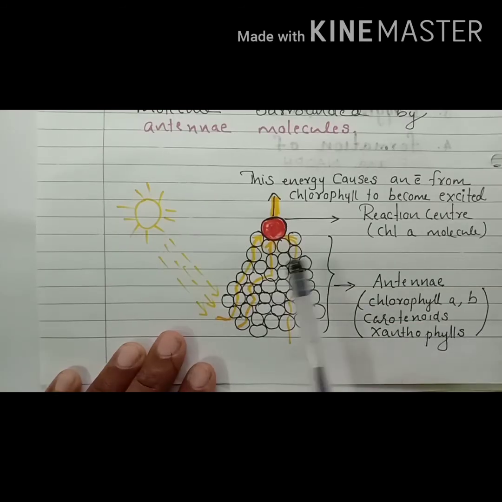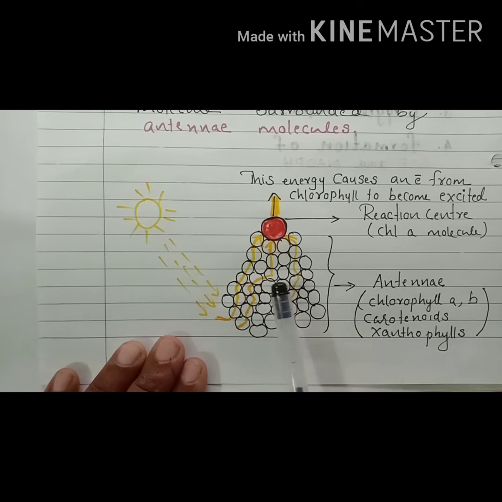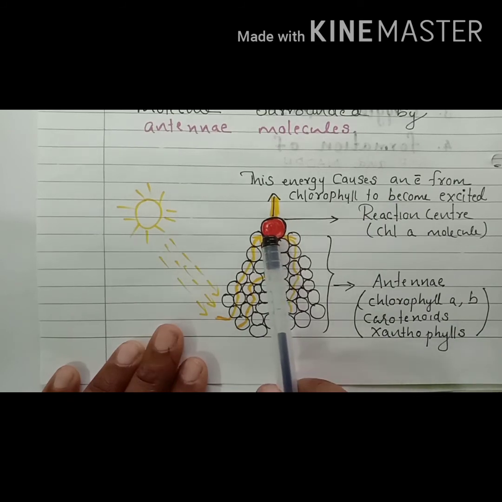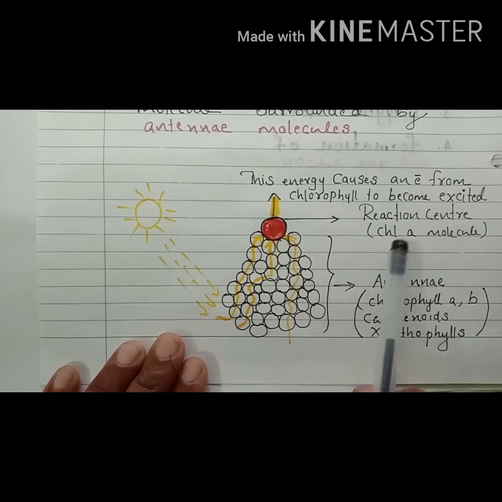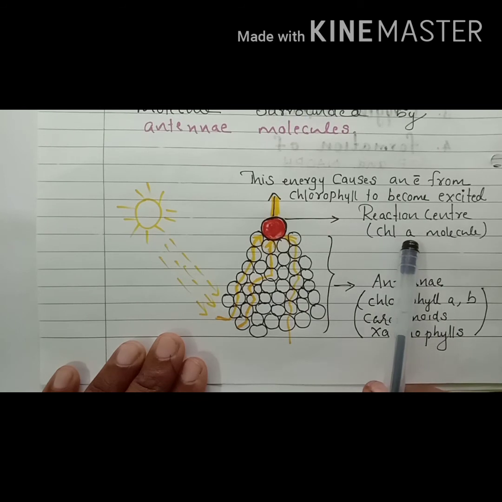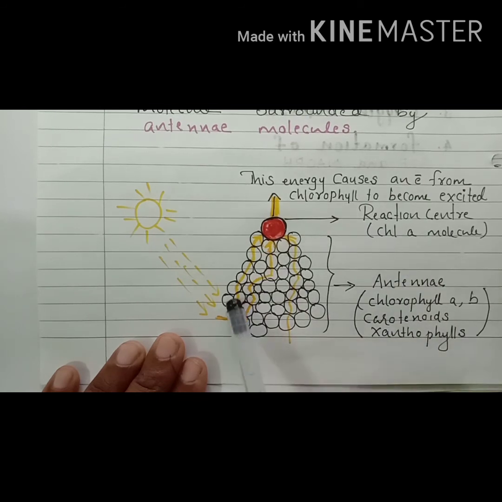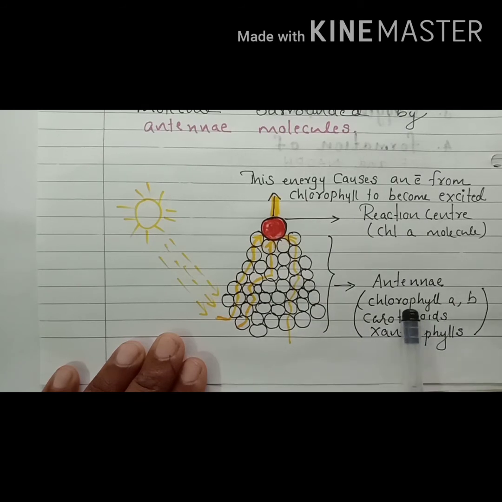Here you can see the structure of a photosystem or light harvesting complex. Each one consists of a reaction center made up of a chlorophyll A molecule, which is surrounded by antennae molecules. The antennae molecules include chlorophyll A, B, carotenoids and xanthophyll.